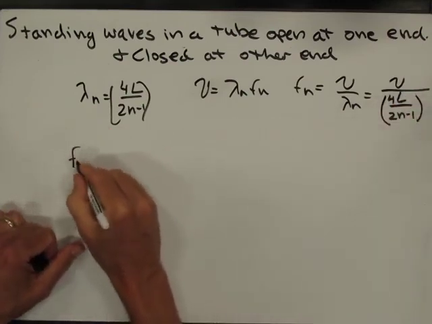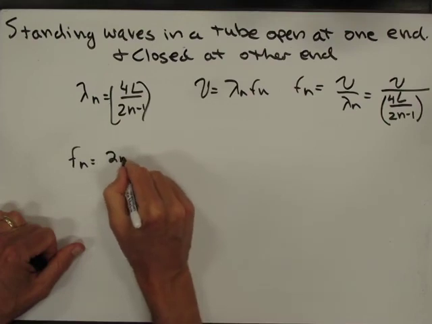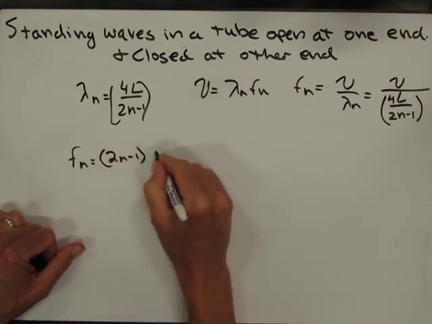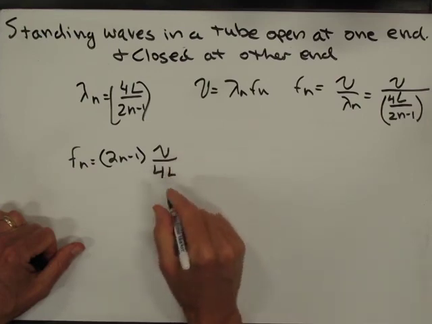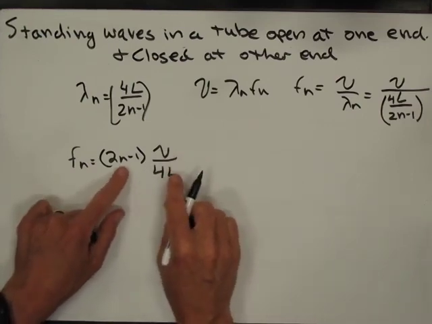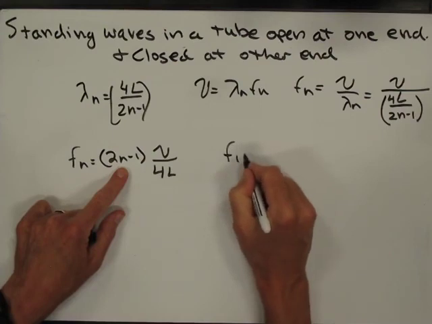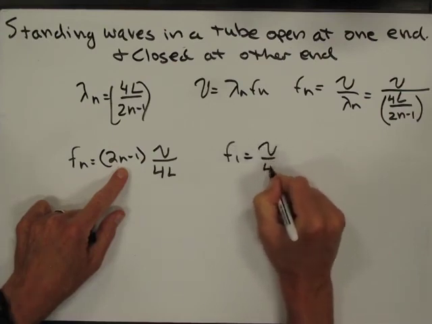And so Fn is equal to 2n minus 1 times v over 4L. If you stick in 1 there, you just get v over 4L. So F1 is equal to v over 4L.